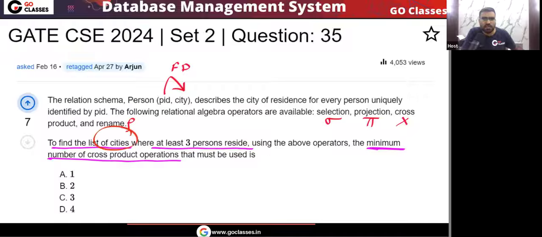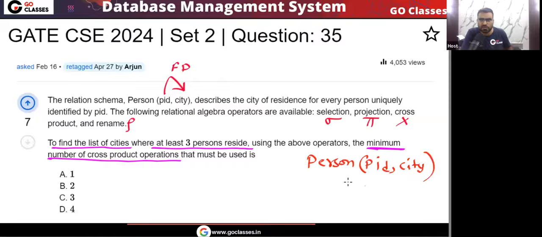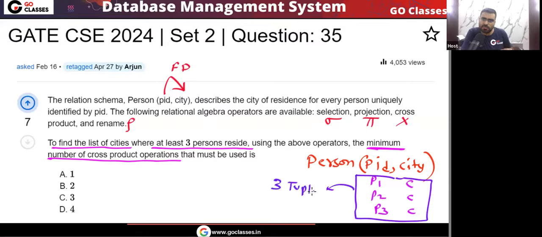Three tuples. Here you have PID and city. Three tuples, P1, P2, P3, with the same city, will give me this information. I want this city in the answer, those cities where at least three people are residing.